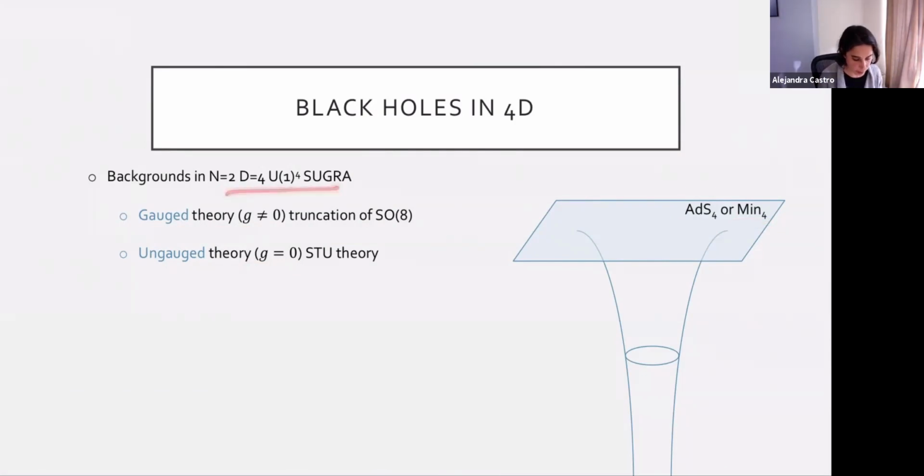And if you're familiar with supergravity, when g is equal to 0, this is basically the STU model, a model that I grew up with back in the day. In the case of the gauged theory, this U(1)^4 is basically a truncation of N=8 SO(8) supergravity, okay? So that's the consistent truncation that we will be studying, and we'll be looking at solutions there.